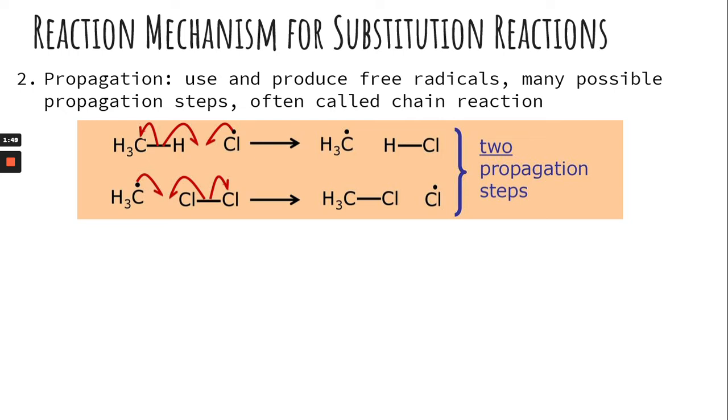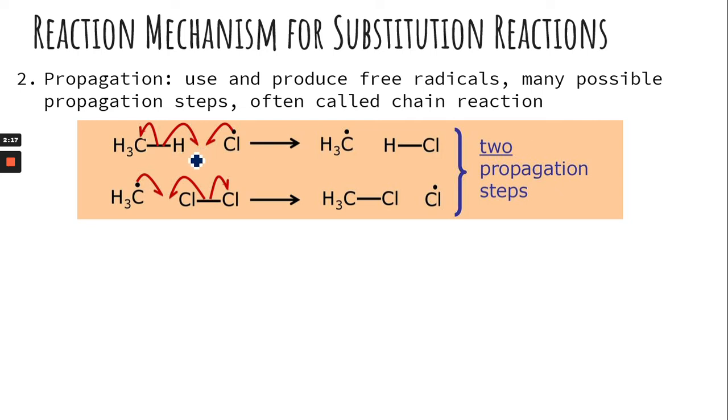There's lots of different steps. There's different reactions that can take place here. Sometimes they're called a chain reaction because it uses a radical and then it also forms a radical. So here we can see that the methane is taking that one bond between carbon and a hydrogen atom, and it's giving one electron back to the carbon and one electron back to the hydrogen.